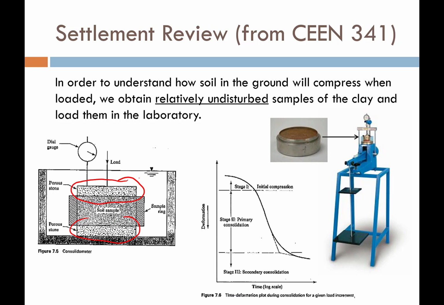Those stones are just intended to keep the soil inside the ring, but still allow water to drain in and out without allowing the soil to drain in or out. Once we get those stones on there, we place that whole setup inside of a little tub that we're going to saturate with water. And then we place our piston over the top of the whole thing with a load, and we control that load.